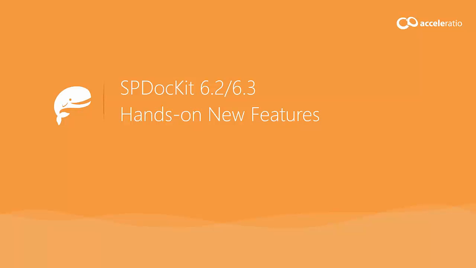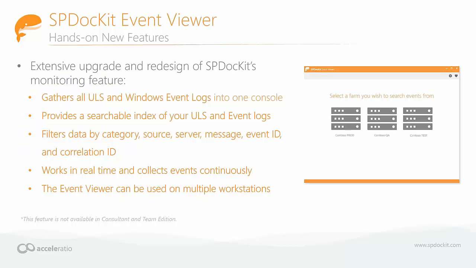Now I will quickly show you our novelties from the versions 6.2 and 6.3. This version of SPDocKit is a minor release, but I don't like to call it minor because it brings some pretty cool and useful new features and reports. The biggest novelty in this release is SPDocKit Event Viewer.